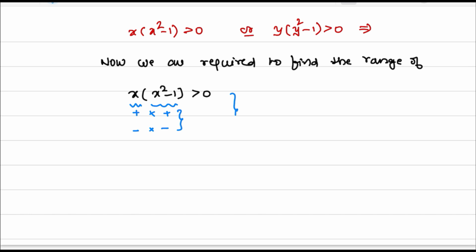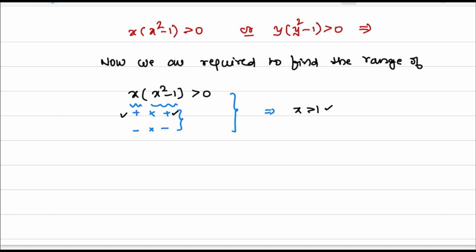That implies x square minus 1 will be positive when x is greater than 1. When x is greater than 1, automatically x is also positive. That means for this condition it is valid.